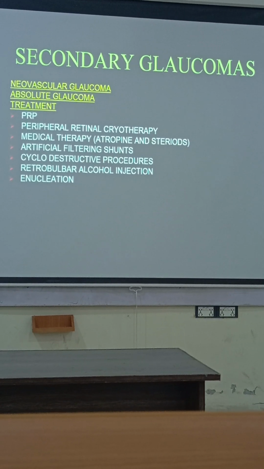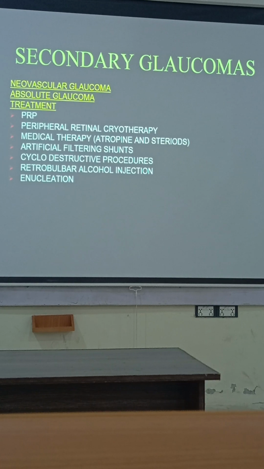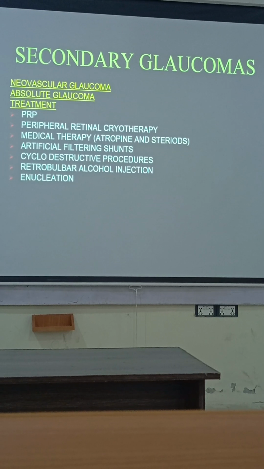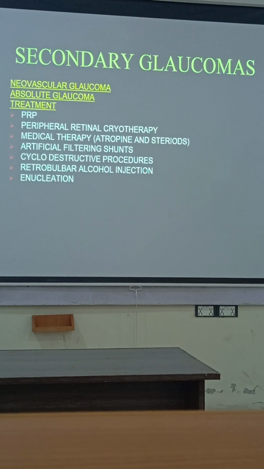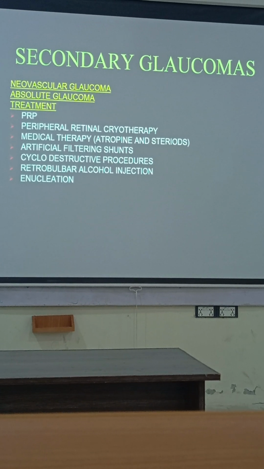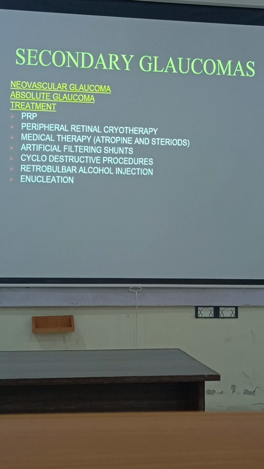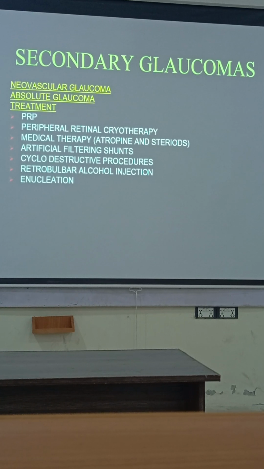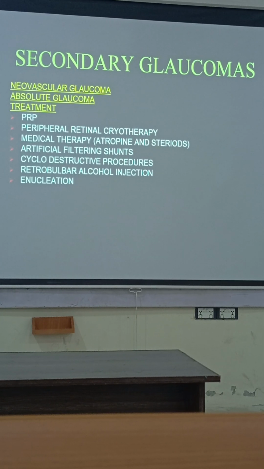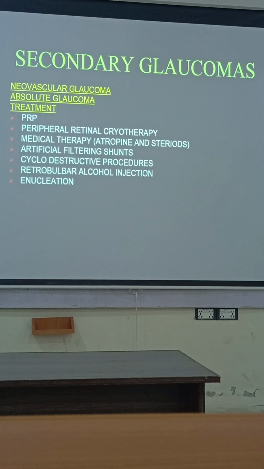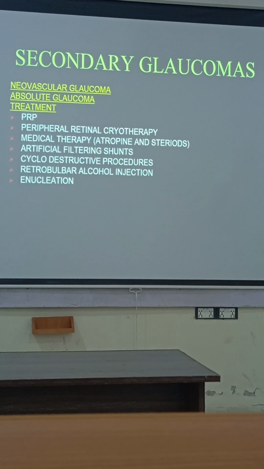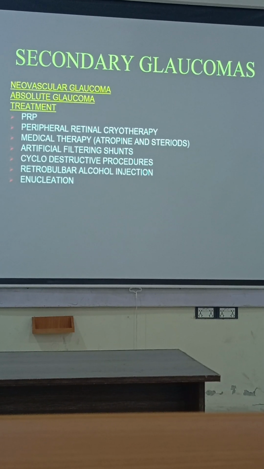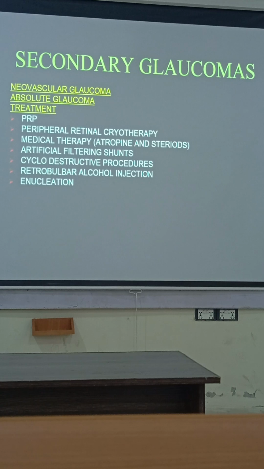Our main aim is to decrease the intraocular pressure so that the pressure may not increase too much that the patient becomes in pain, to prevent the painful blind eye. This is our aim, to prevent the painful blind eye instead of aiming to restore the vision, because the vision has already gone because of the damage of the retina.